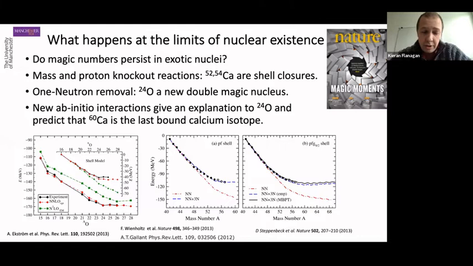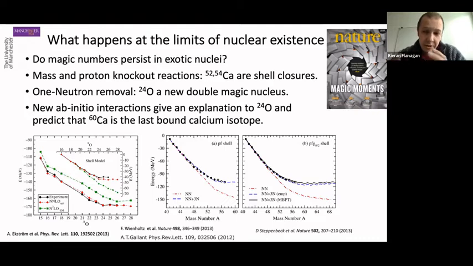We saw these shell closures arising from observations from neutron removal and knockout reactions in calcium and oxygen. And then the subsequent nuclear theory calculations, which introduce higher order forces, such as the three-body forces and the next-to-leading order interactions, describe these new shell closures, and also give us information about the limits of nuclear existence, predicting that calcium-60 is the last bound isotope.